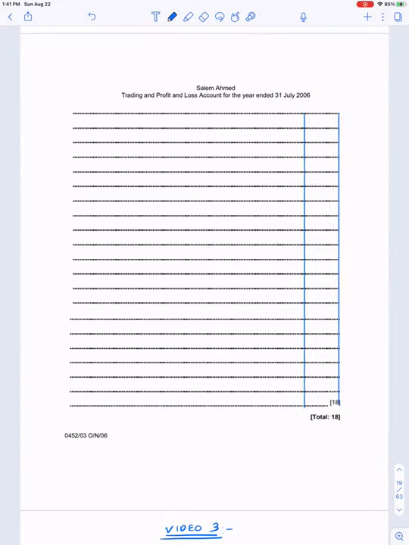What is the format? Sales less sales return will give me revenue. Then you would subtract the cost of sales. Cost of sales is made up of 3 parts. The main 3 parts come in the second column.